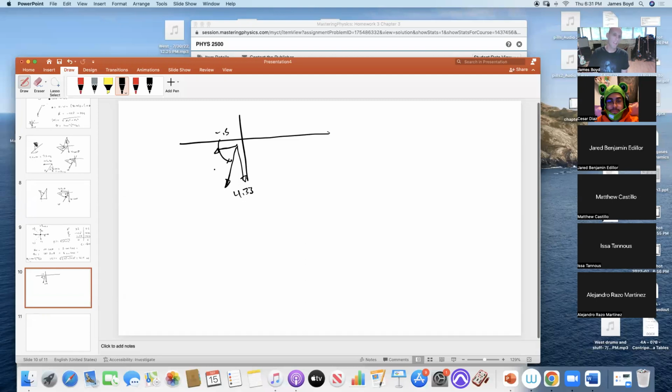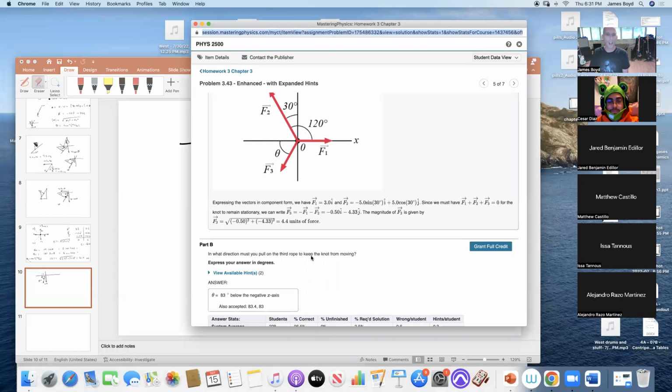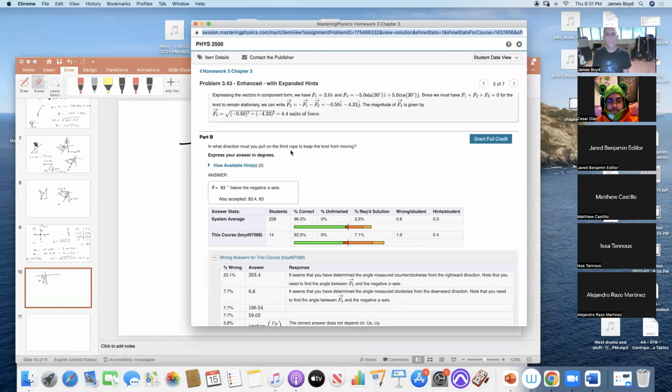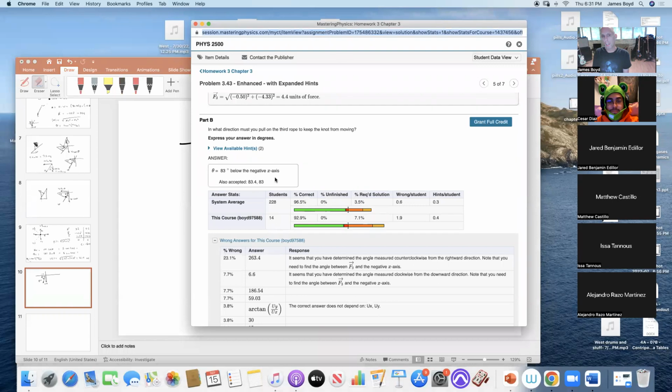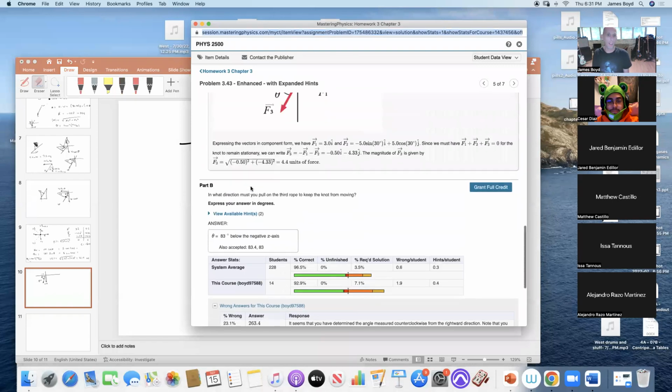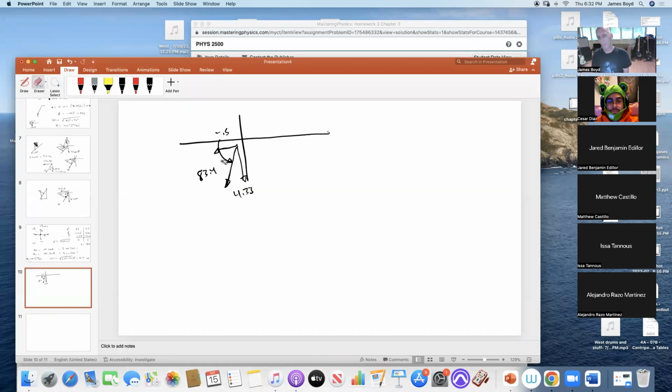This would be 83.4 below the X-axis, which is, if I add 180 to it, would be at 263.4. 83 degrees below the negative X-axis. So I don't know why they're taking it from below the negative X-axis, but it would be 83.4 below the X-axis.